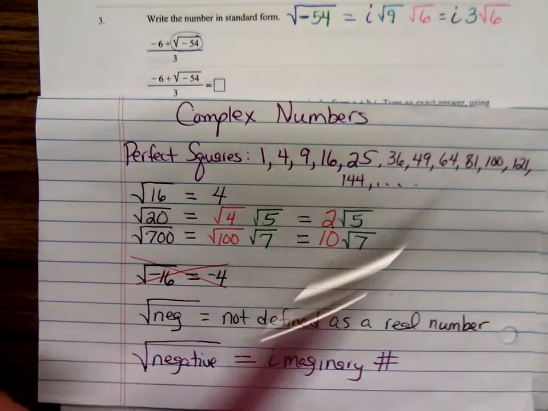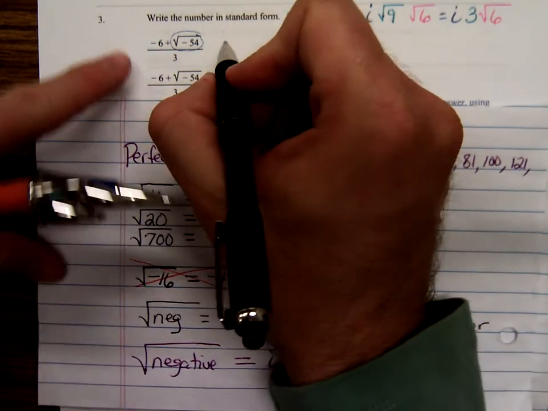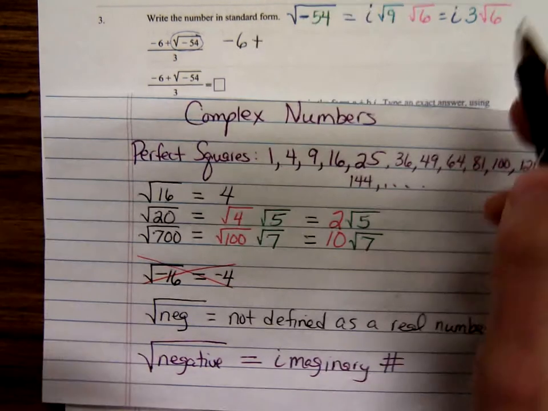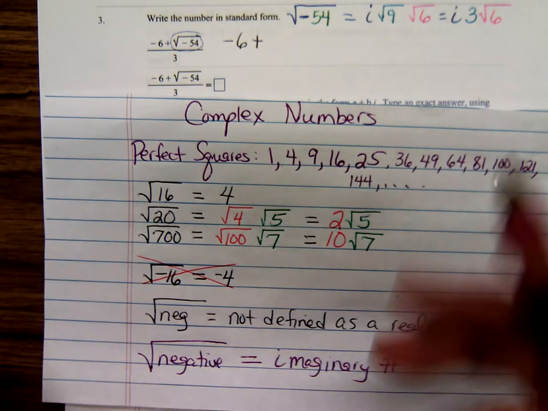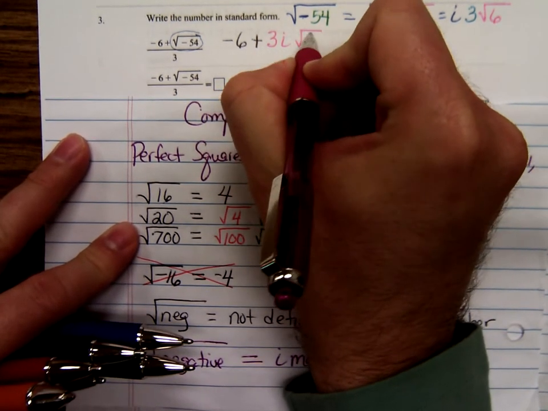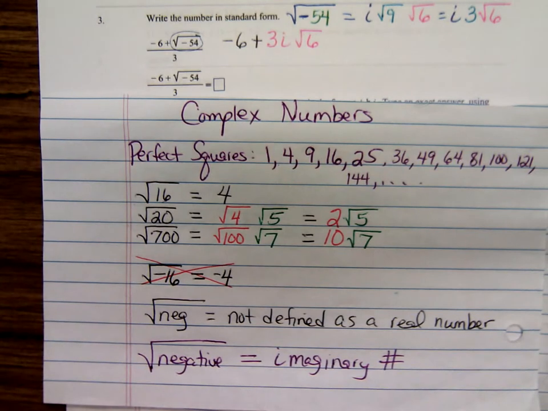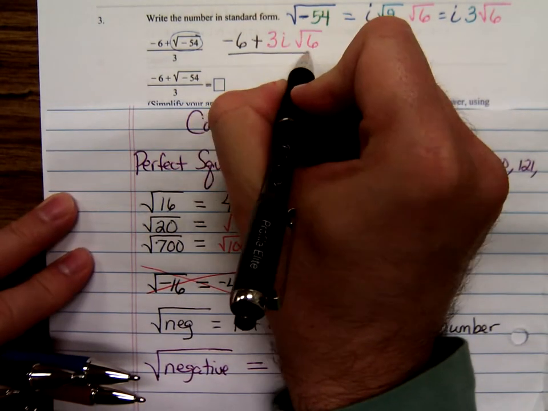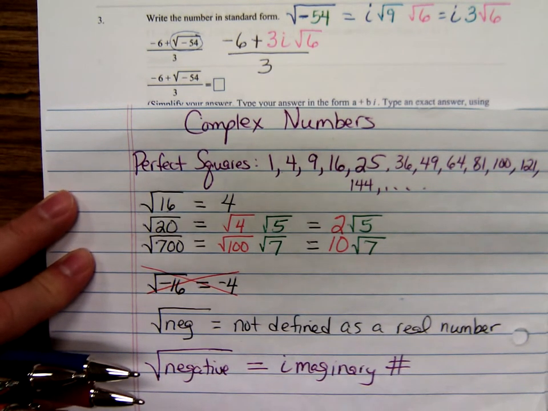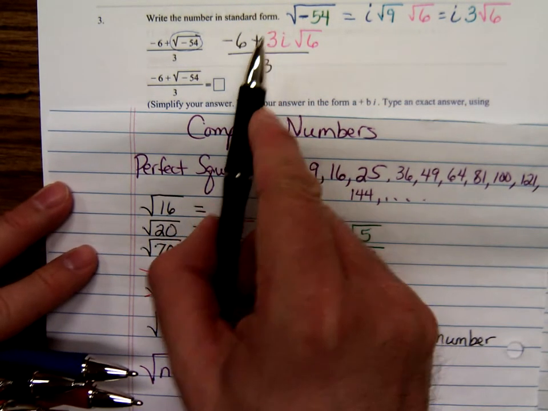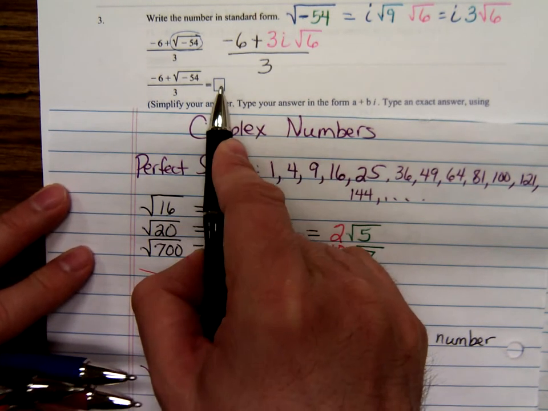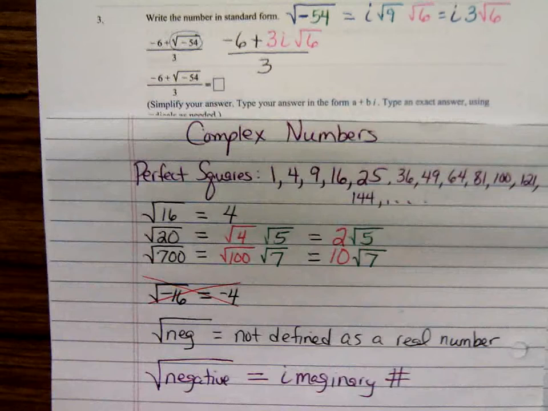So rewriting the problem, I have a negative 6, then a plus 3i square root of 6, all over 3. Now, at this point, some students will go too quickly and just cancel the 3's, and when you punch it into MyMathLab, it's going to say error, or you got it wrong.